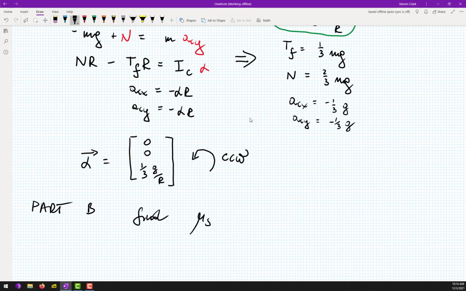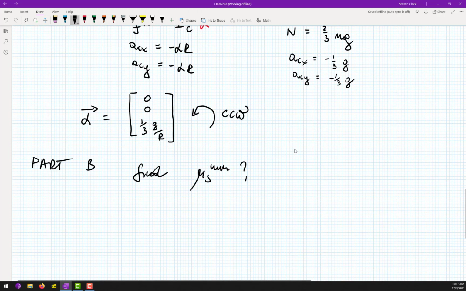Find mu(s) min. Okay, so since we are in the static friction range, we will use this expression: Tf lower or equal mu(s)n.